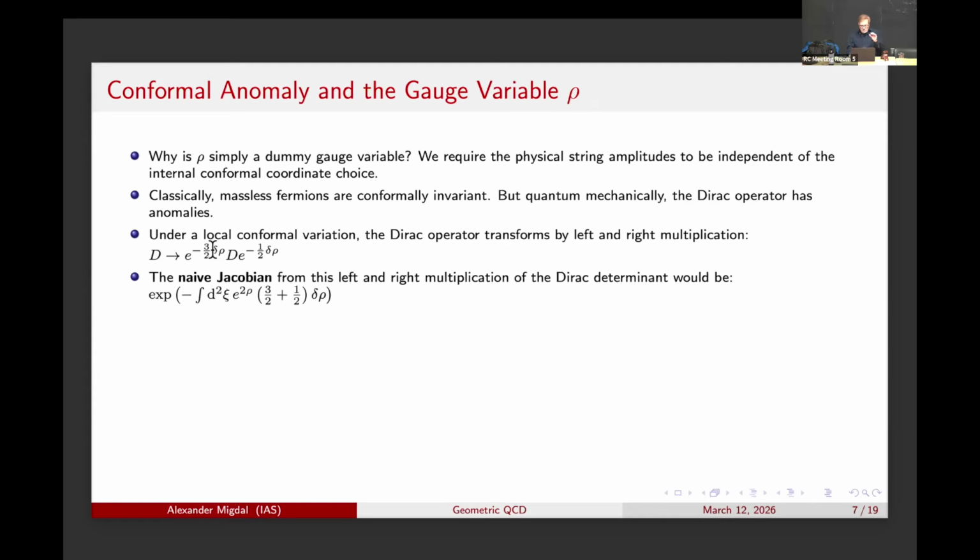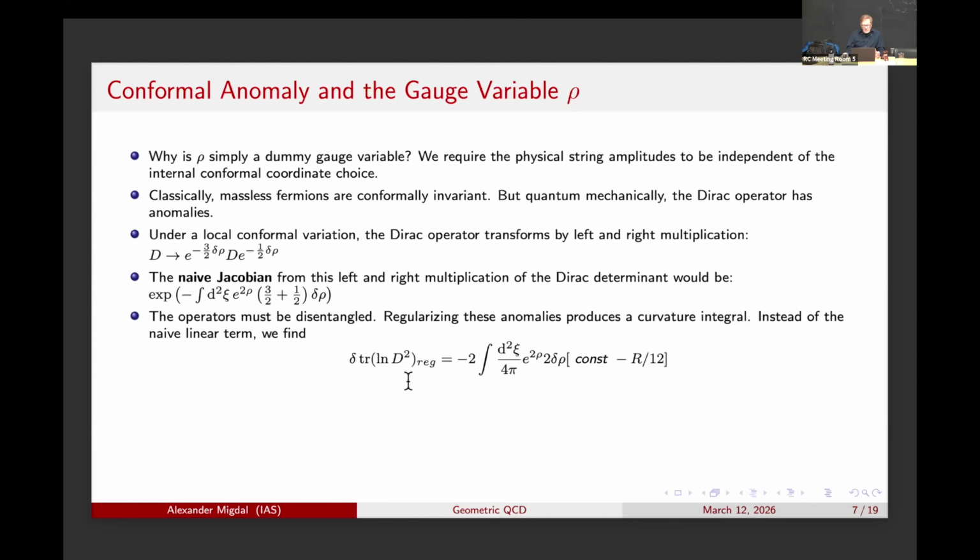And when you do that, you find in the end this remarkable formula that the variation of the trace logarithm of the square of the Dirac operator is equivalent to an integral, which after all the computation involves a universal term, which is some constant, and there is minus curvature divided by 12. So that's what happens if you do the limit of the Pauli-Villars or use zeta regularization. There are many ways to derive it, but all of these ways reduce to the same thing. It's a universal anomalous term, which is proportional to the curvature.